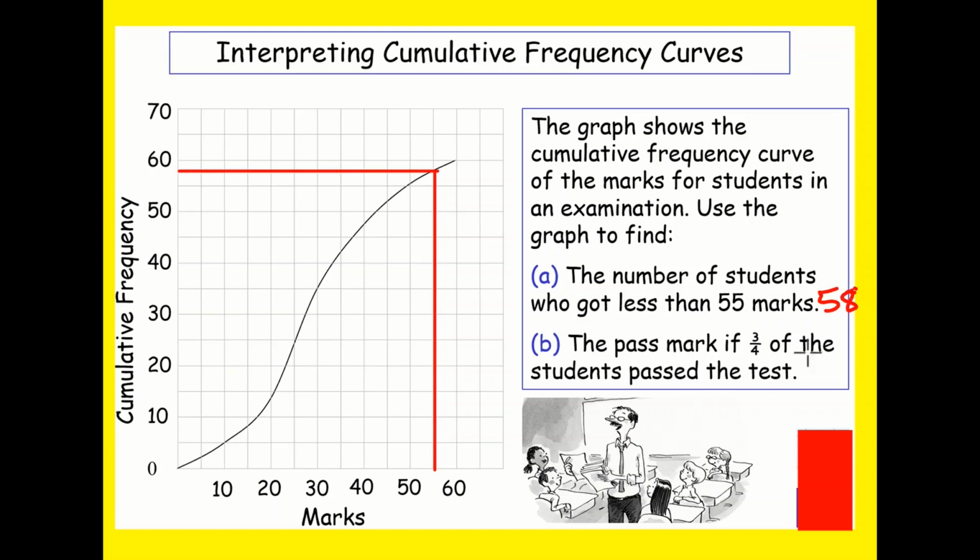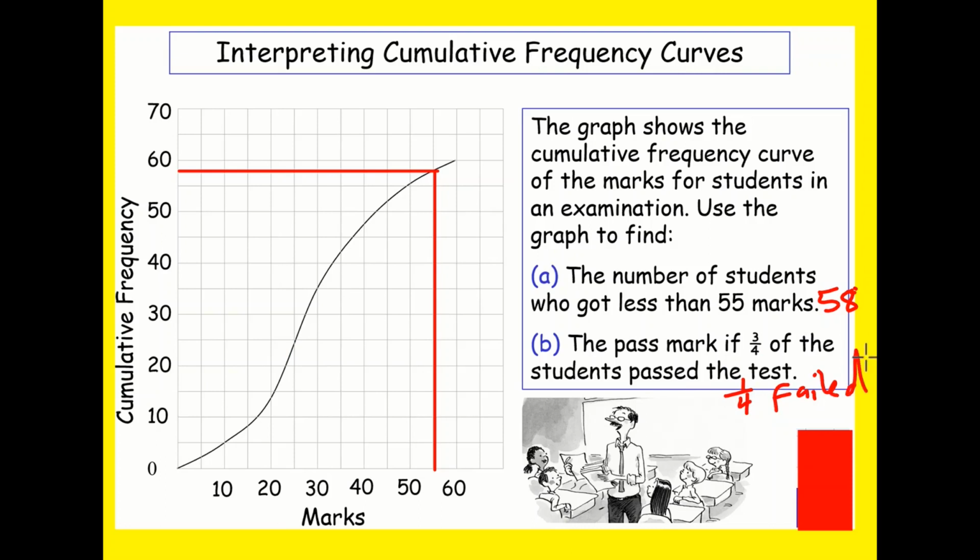And then I want the pass mark if 3/4 of the students passed the test. But we need to be careful here, because remember, the cumulative frequency graph tells us the number less than, who got less than the number of marks. So if 3/4 passed the test, that means 1/4 failed.